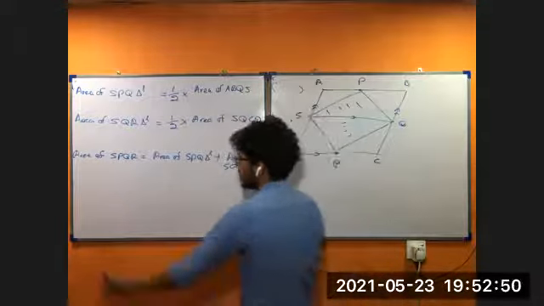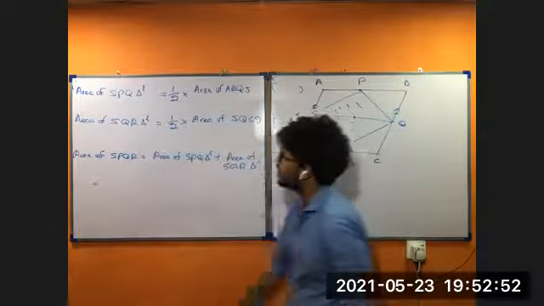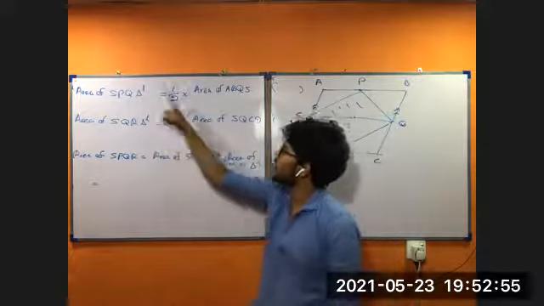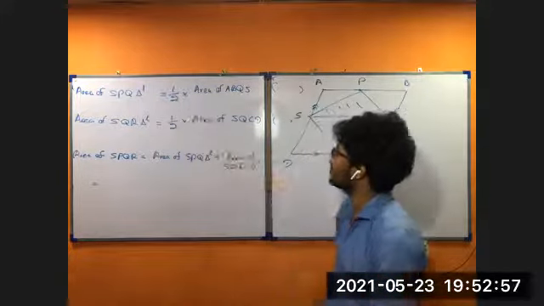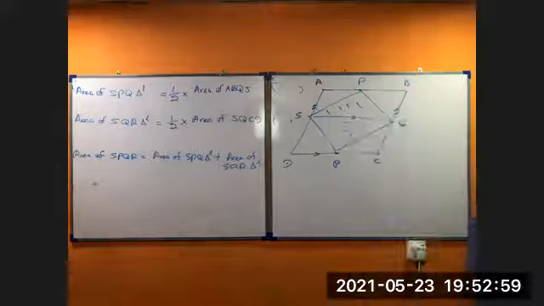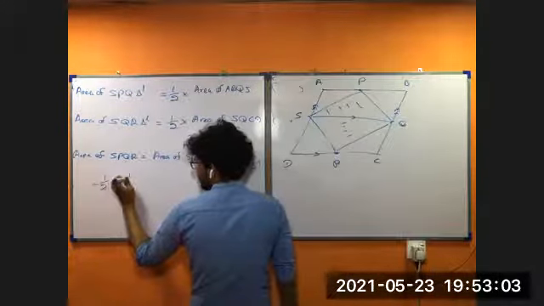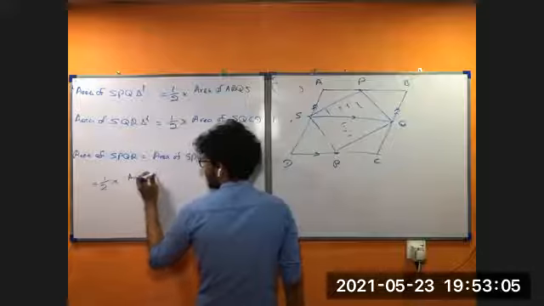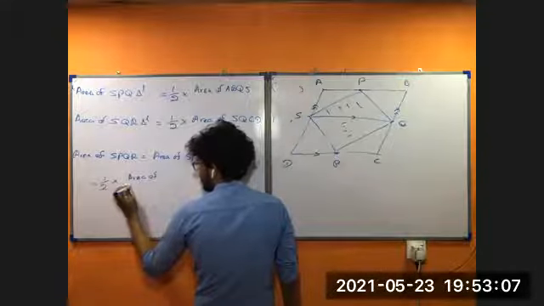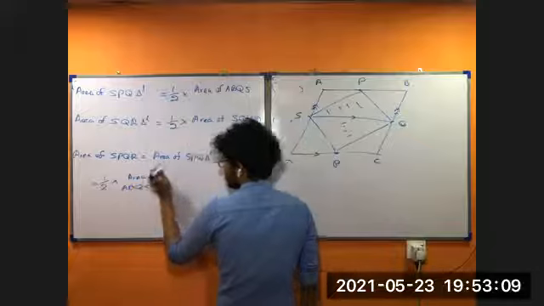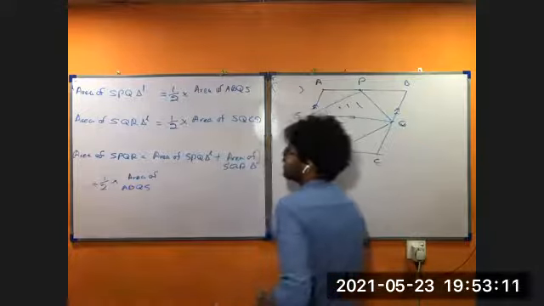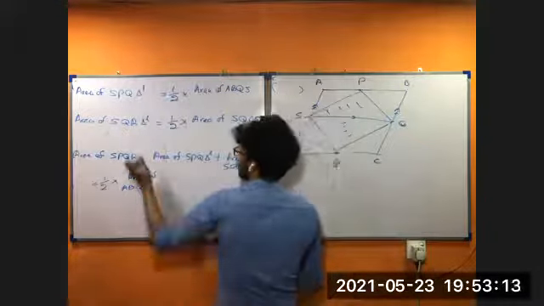So in that case, SPQ triangle. So what is SPQ triangle? Area of SPQ triangle means half of ABQS. So I will write half times area of ABQS, right? I directly wrote area because here I found it, it's proved.